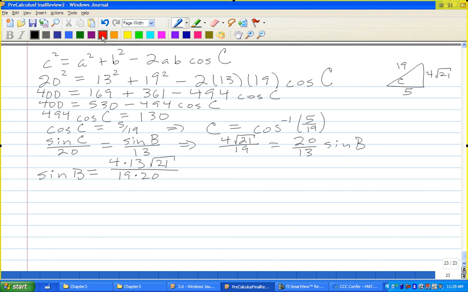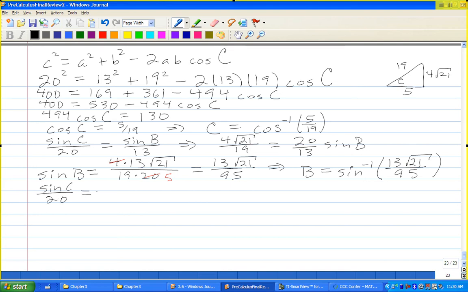So you can cancel those. Okay, so it becomes 13 rad 21 over 95. And so B is inverse sine of 13 rad 21 over 95.